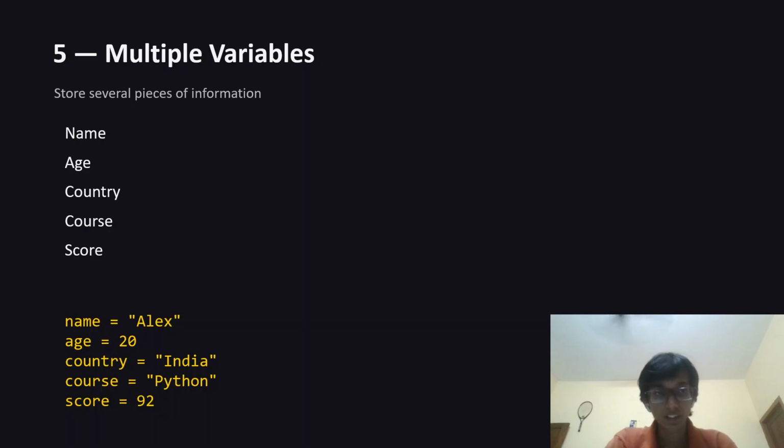Now we have multiple variables. A program can have n number of variables depending upon your need. For example, just like before, we had name, city and food. It can be anything.